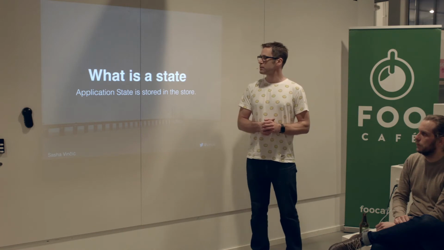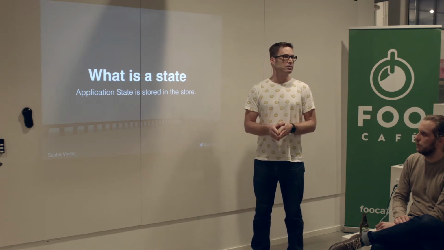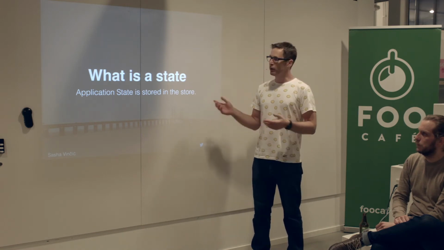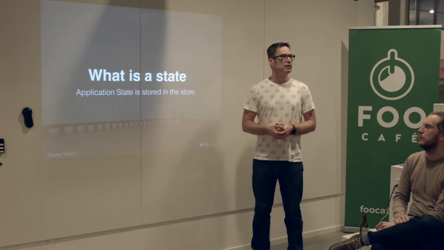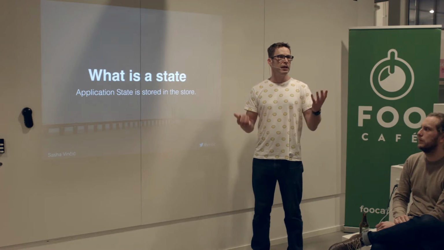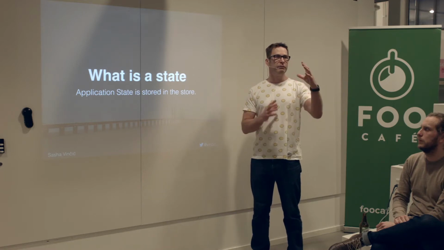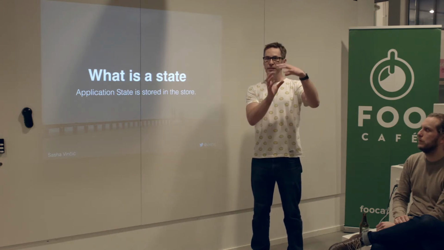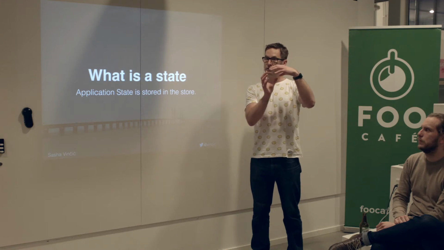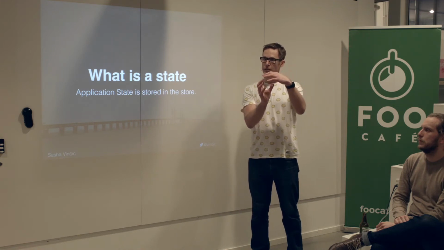So what's a state? Application state. When we saw that dashboard in the beginning, that's a complex application. And the state of that application is all the different values, configurations, who is logged in, and so on, at a specific moment. That's the state of that application.